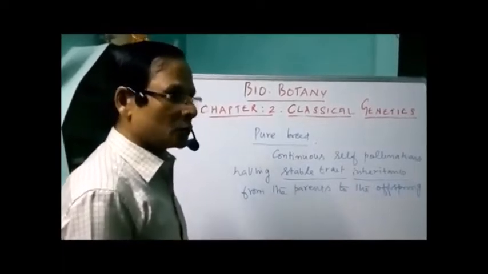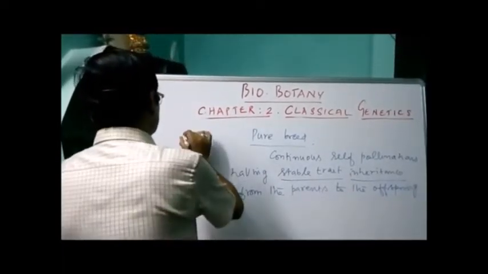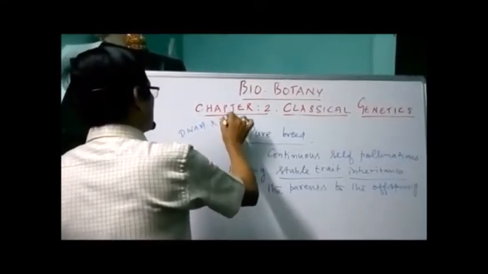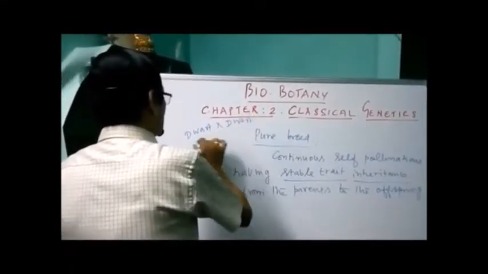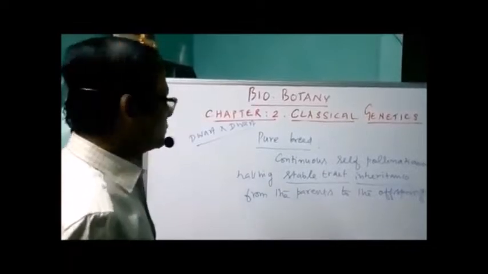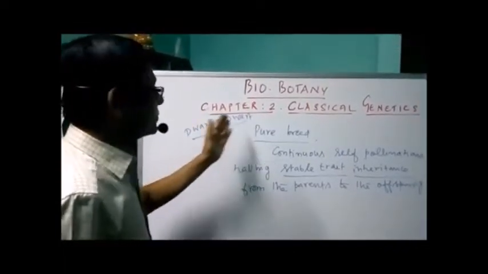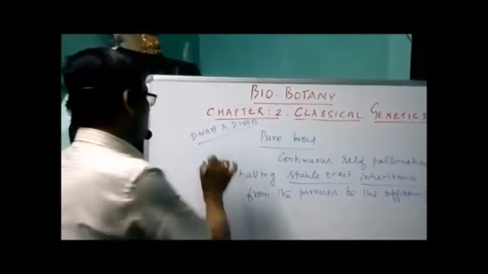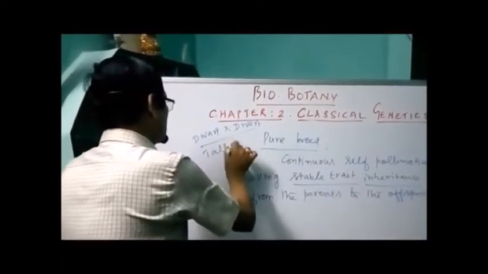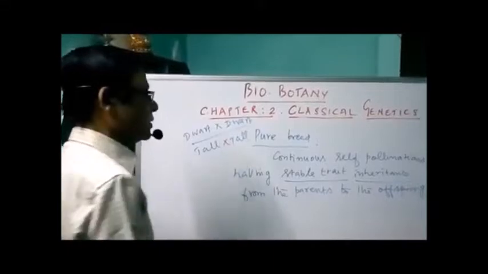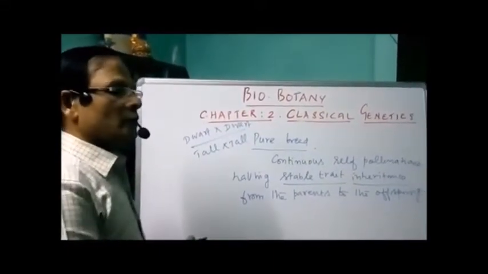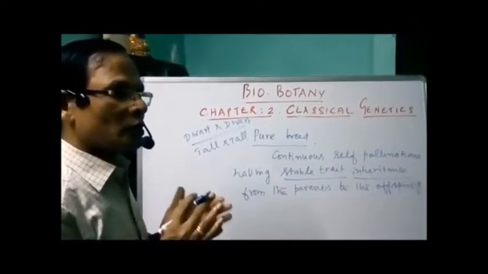Stable trait inheritance means, for example, if you are taking a dwarf variety, this is called self-pollination: the fusion of gametes from the same individual, the same variety. Two dwarf varieties or two tall varieties, this is called self-pollination. When you are crossing dwarf with dwarf, for a number of generations we get only the dwarf variety.